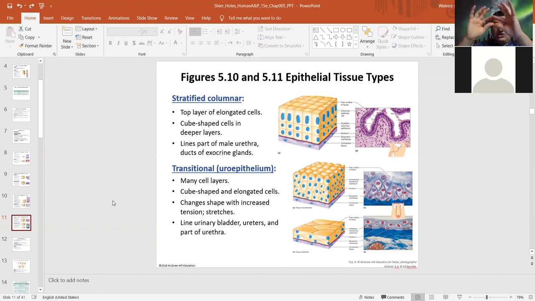So it is transitional. You cannot call it squamous because it's not squamous all the time. You cannot call it cuboidal. You cannot call it columnar because it changes. It transitions from shape to shape. And this is where the name came from. The location of transitional epithelium is the urinary bladder, ureter, and urethra, which is basically the urinary bladder and what's related to the bladder.